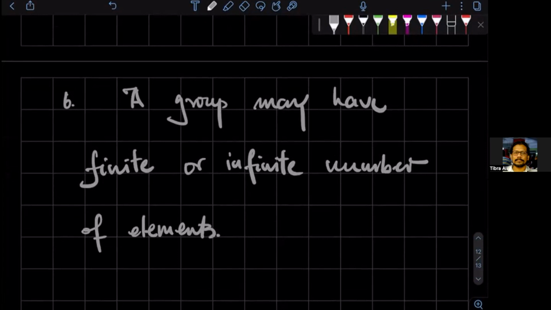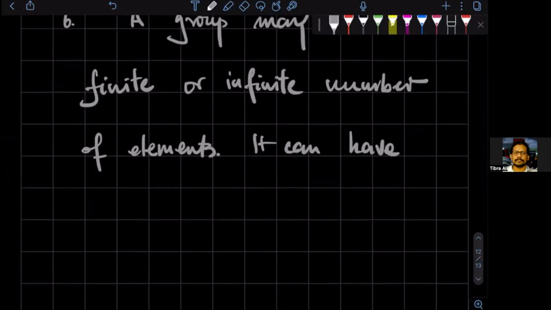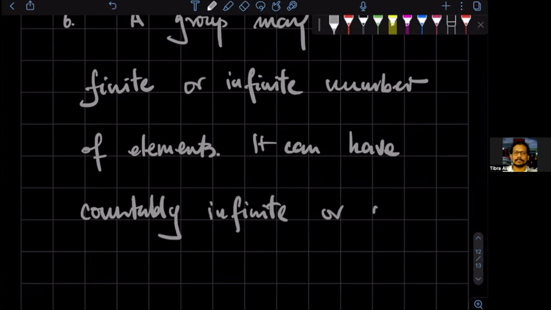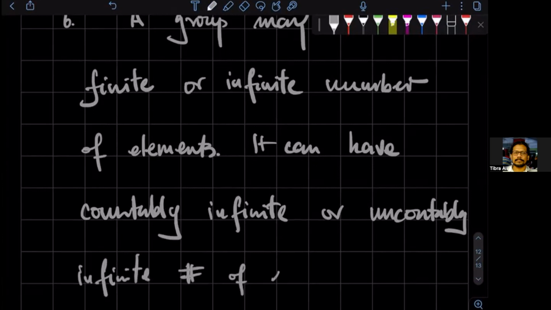And if the number of elements is infinite, it can have countably infinite, or uncountably infinite, or let's just say continuous. Well, let's say uncountably infinite number of elements. Okay, so it can be anything.